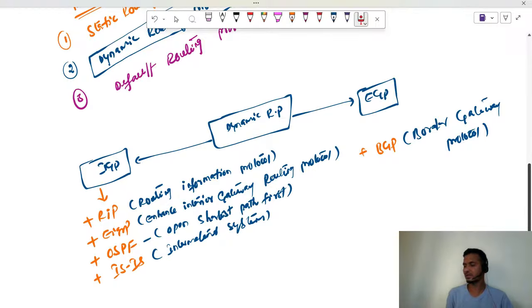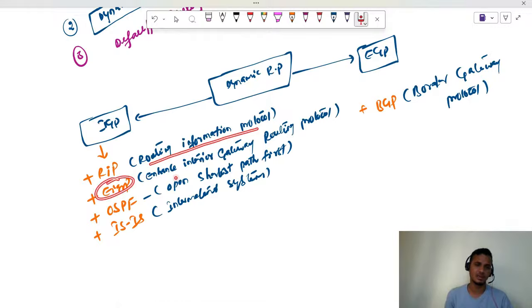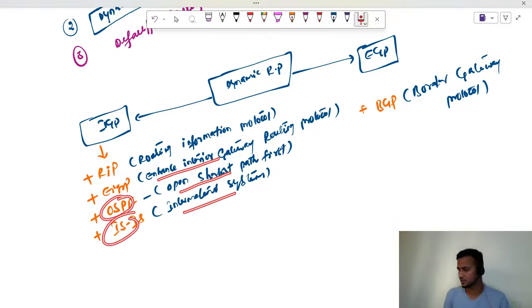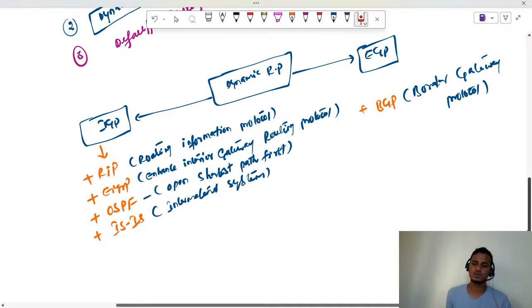In IGP we have RIP, Routing Information Protocol, EIGRP, Enhanced Interior Gateway Routing Protocol, OSPF, Open Shortest Path First, and IS-IS, which means Intermediate System. In EGP we have only one protocol, that is BGP, Border Gateway Routing Protocol. So this is about the protocols.